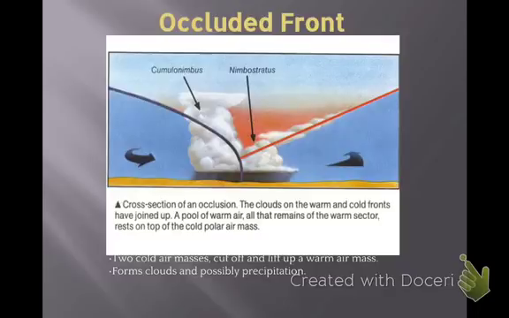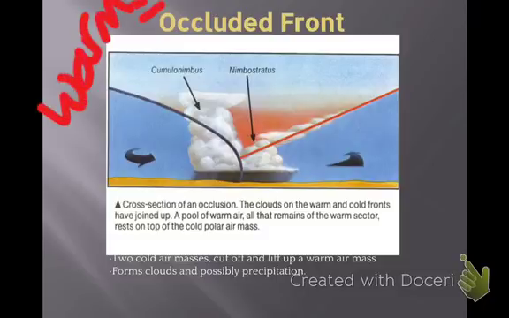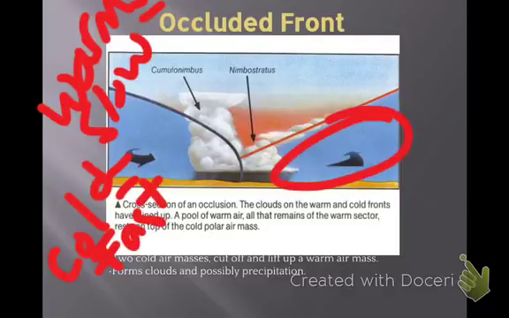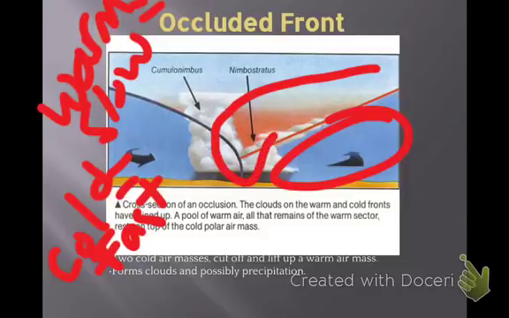So what has happened is, because warm air masses move slow, so warm equals slow, and cold fronts move fast, you have a cold front here, and you had a warm front. Remember I told you warm fronts move up and over cold fronts?